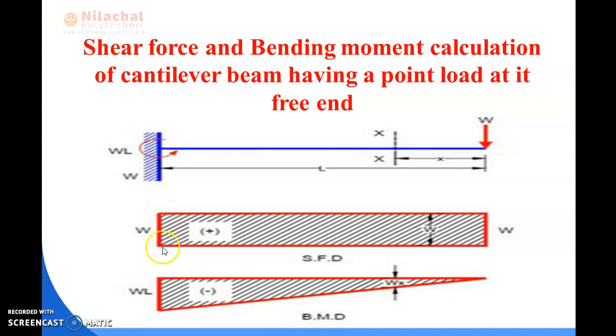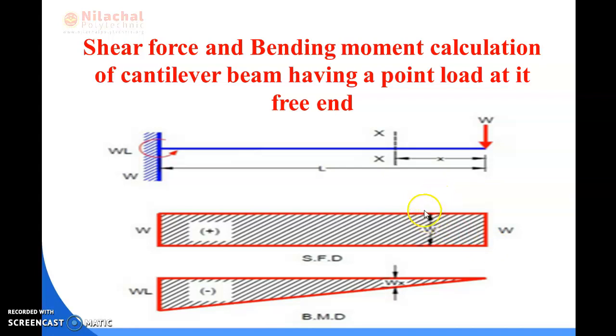Okay. So first of all, while we draw a shear force diagram, we have to draw a reference line. Like you can see here, the lower line of this shear force diagram is the reference line. Then after that, we have to detect the point of the shear force.